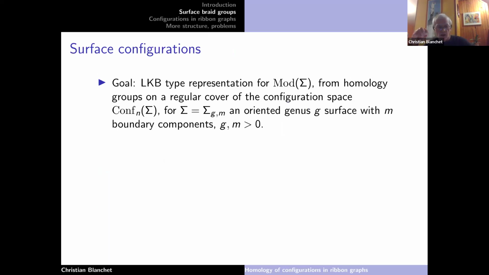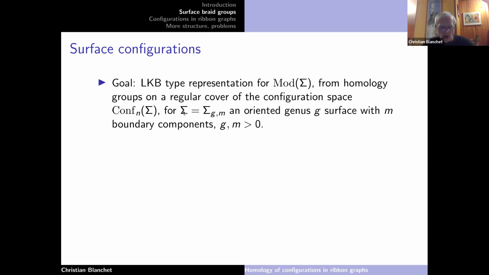So now we start the first section where we go to surface configuration. The goal would be to define and study LKB type representations for the mapping class group from homology groups on a regular cover of the configuration space of n points in a surface sigma.